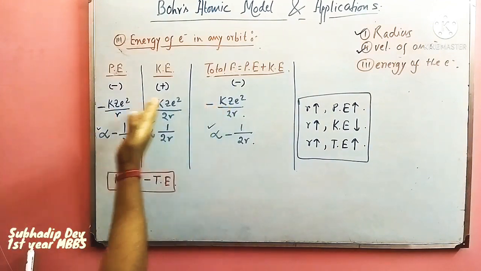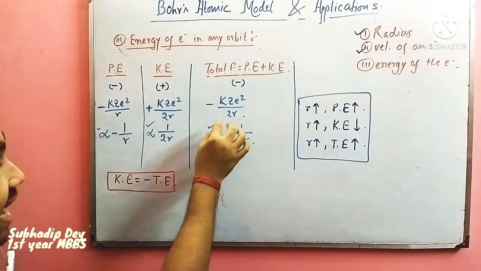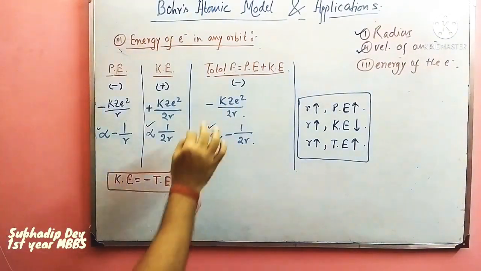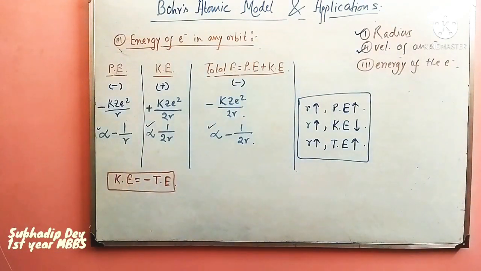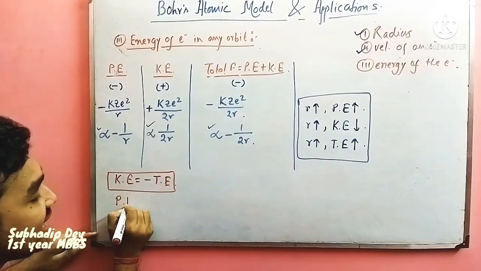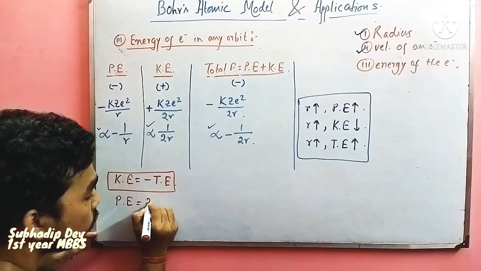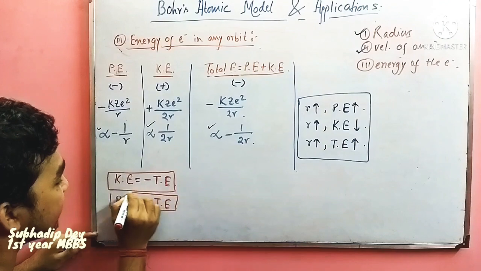Here you see both are negative values, but here we have an extra half. So the total energy of an electron is just half that of the potential energy of the electron. So the potential energy is equal to twice the total energy of the electron.